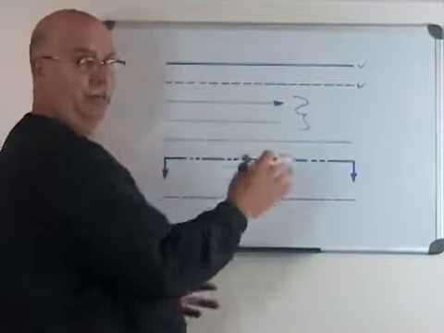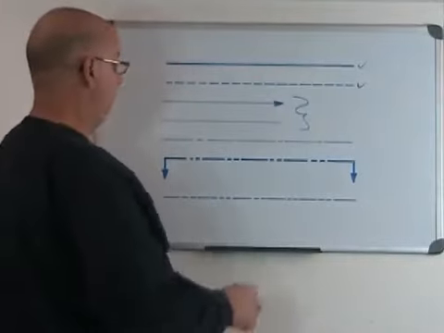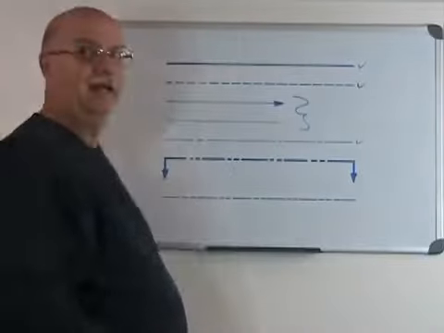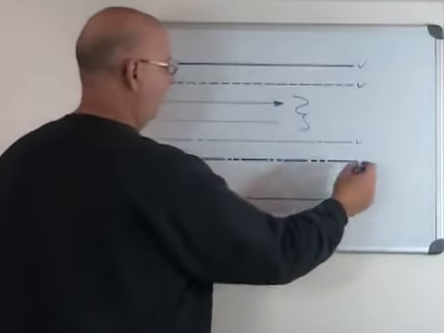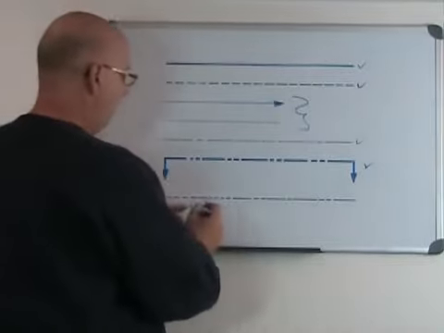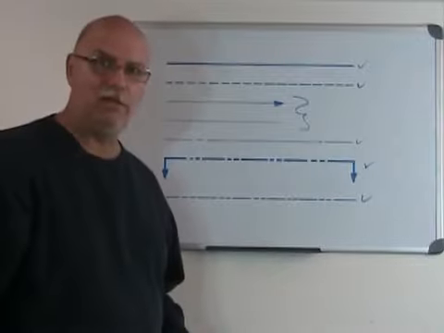So both are dimension lines. This also could be considered a leader line. This line right here, that's a hidden line. This heavy line right here, that's a section line. And this bottom line here, well, that's a phantom line.